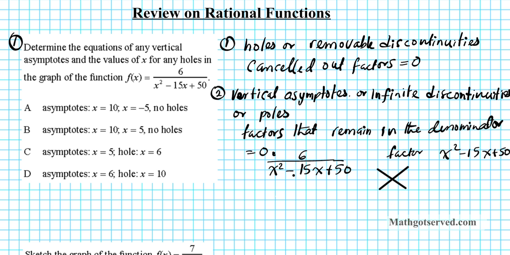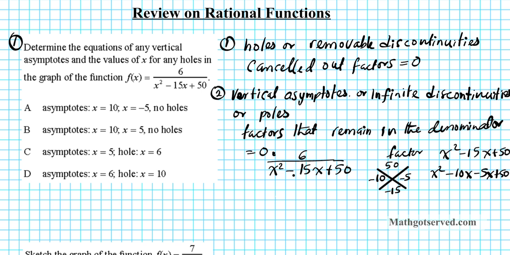So AC goes on top. AC is 50, and B is negative 15. The two numbers that multiply to give you the top and add to give you the bottom. Let's see. How about try negative 10 and negative 5? That works nicely. So we have x squared minus 10x minus 5x plus 50.